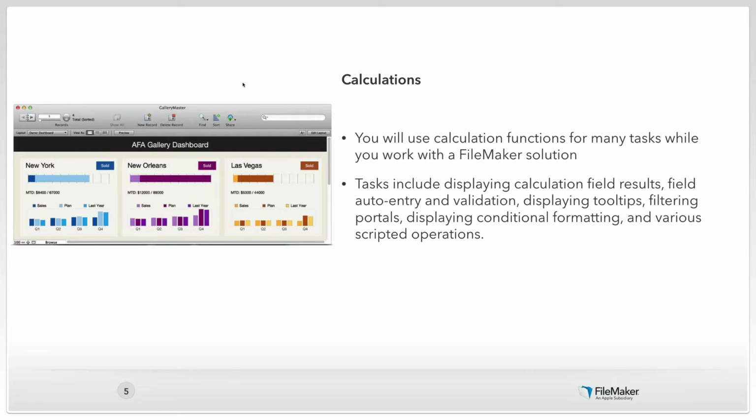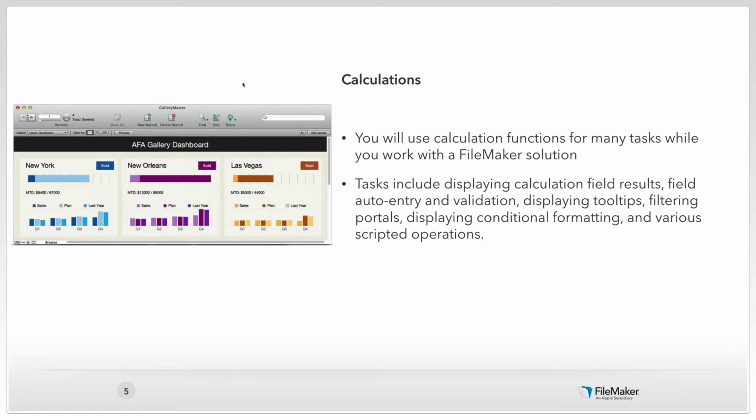You can have auto entry, so as you start typing, FileMaker can auto complete an entry. Validations, of course, so you want to make sure that what's going in is good data. We can use them within displaying a tooltip. A tooltip is a bit of text as you hover over a button or a field, a little display help. But you could also put calculations in there. I've seen it, for instance, in the line items, where hovering over a tooltip shows a lot more details of that particular line item of an invoice, let's say.